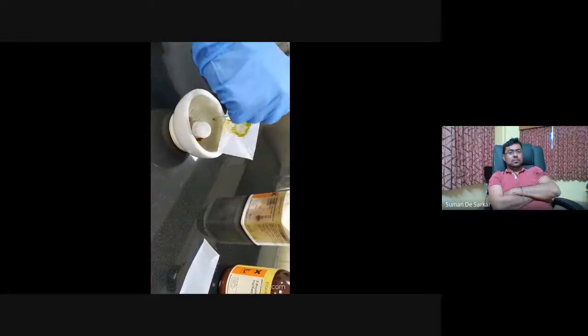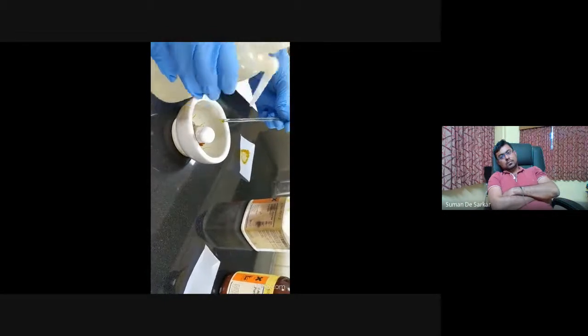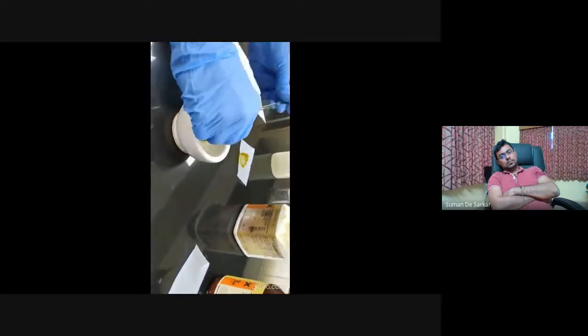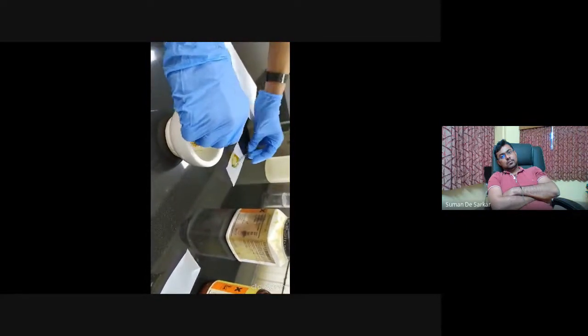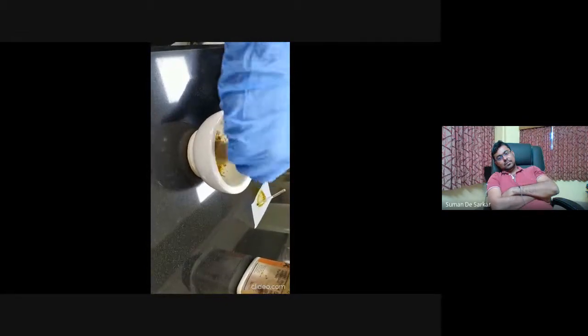We will add 2 drops of water with this, and then paste with the mortar. So we are mixing nicely the ferric chloride with beta-naphthol.